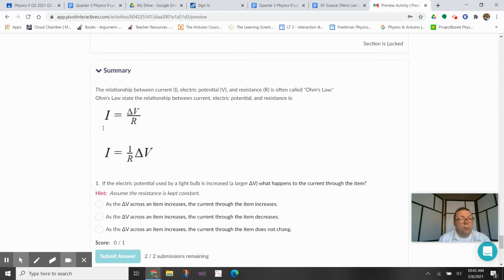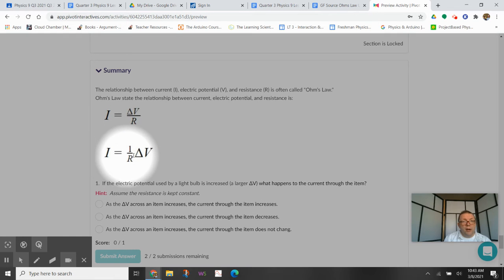The summary that I want to look at, this is the big part here, right? From this relationship, we had current on the y-axis and the potential difference on the x-axis. And it turns out that the slope should be 1 over the resistance.